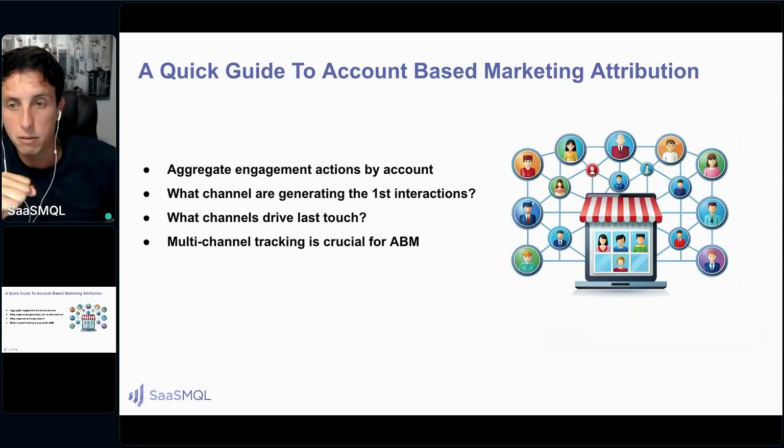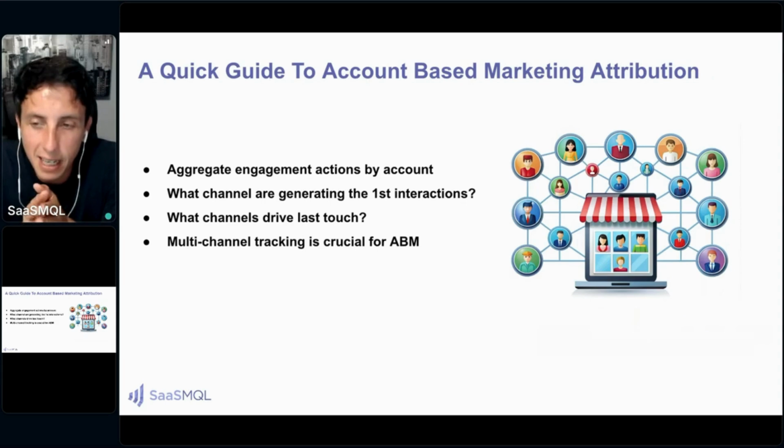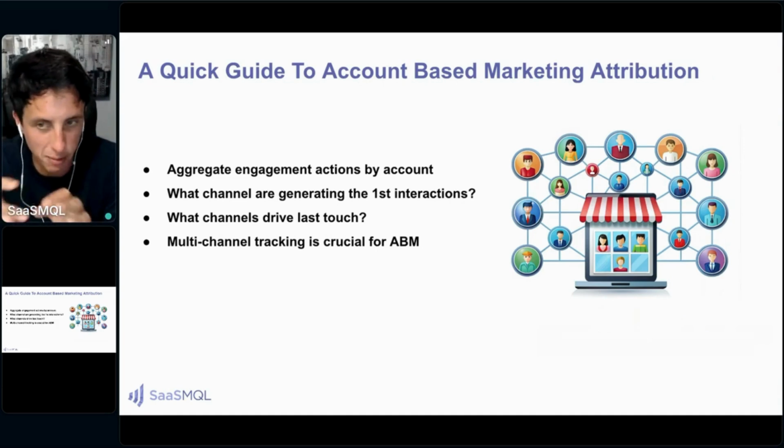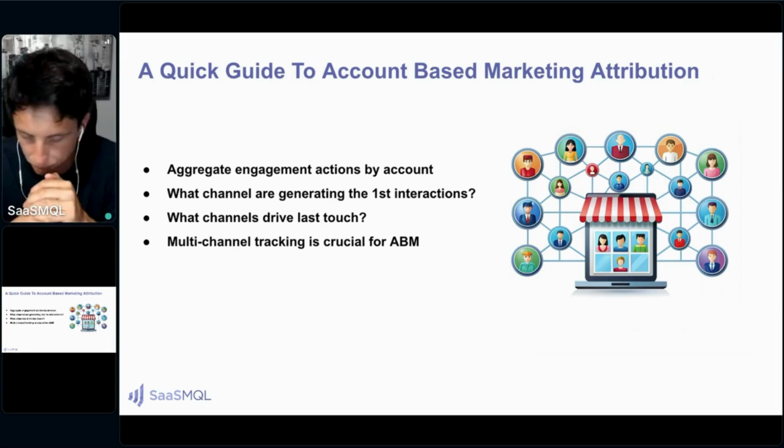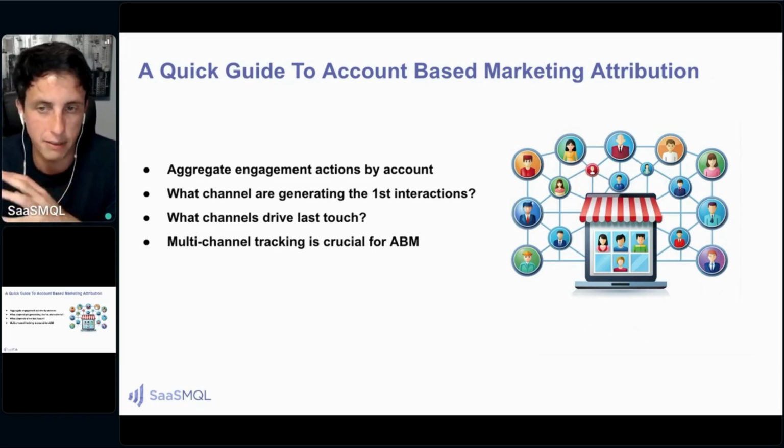So I want to touch very briefly on ABM attribution here, because we're going to talk about this in future webinars as well. The key of ABM attribution is to have visibility on what action is being taken at the account level. You have all these prospects doing all these actions, right? You might have a developer that downloads a white paper, then a director of engineering that attends a webinar, then the VP comes to a trade show that you're sponsoring, and then you send a direct mail to the CTO.